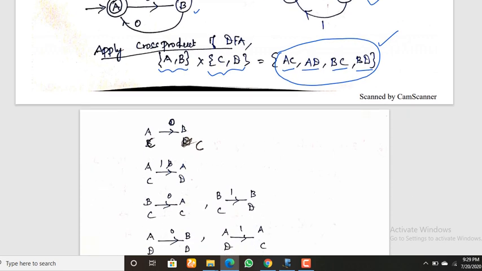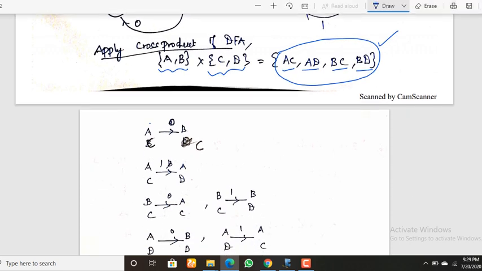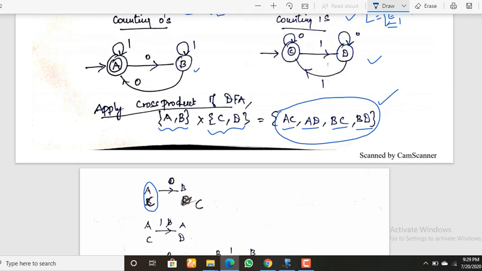Before that, I'm making one clarification. Taking first AC: A on receiving 0 moves to the state B, and C on receiving 0 moves to the state D. Once again, A on receiving 0 moves to the state B, and C on receiving 0 moves to the state D. So here is the new state BD, which is already present in the cross product answer.